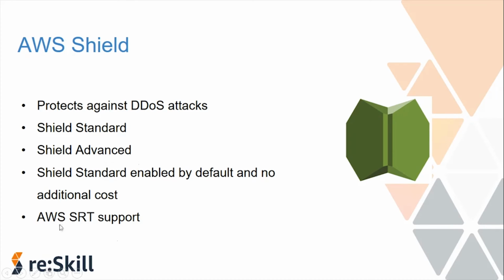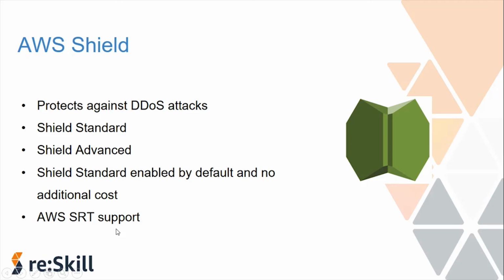And then what is this AWS SRT support? That is a feature that you get only if you have subscribed to Shield Advanced, that is the AWS Shield Response Team. This SRT has deep experience in protecting AWS, Amazon.com and its subsidiaries as well. As an AWS Shield Advanced customer, you can contact the SRT team at any time for assistance during a DDoS attack that affects the availability of your application.